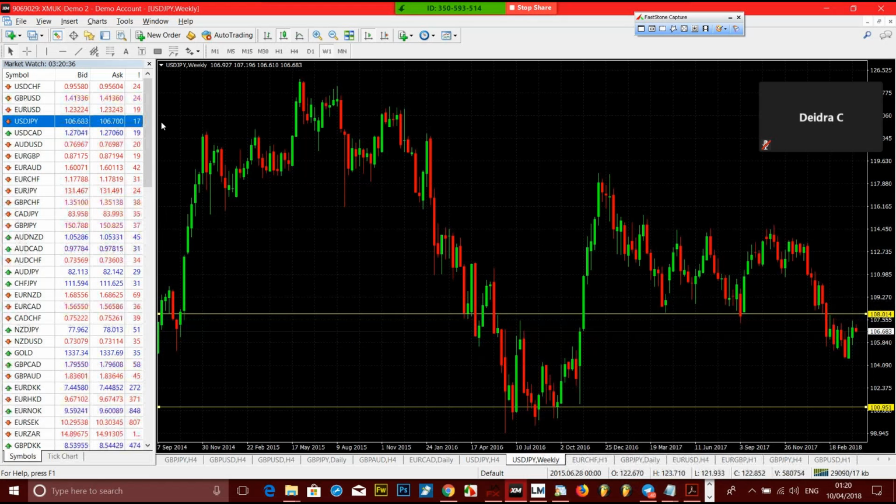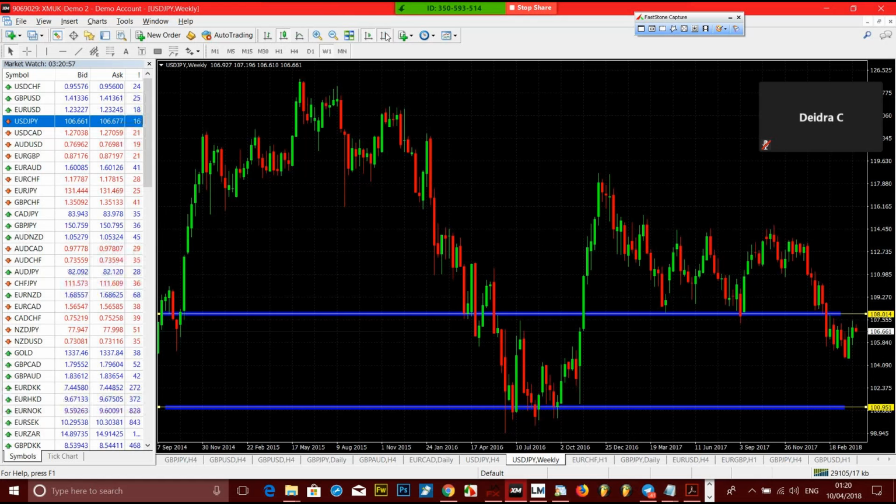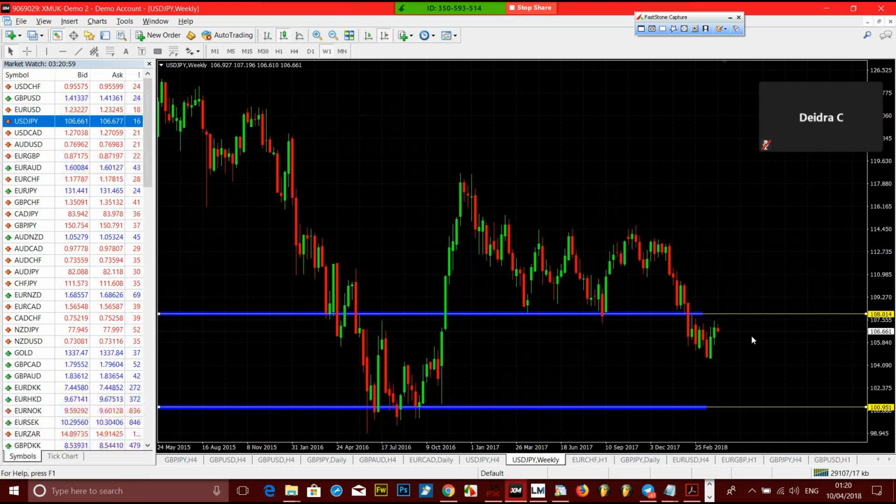That's the one that I like. UJ should have been a very interesting piece of trade too, but it's just been messing up. It's not sure what it wants to do. So that's where we are at the moment with UJ.